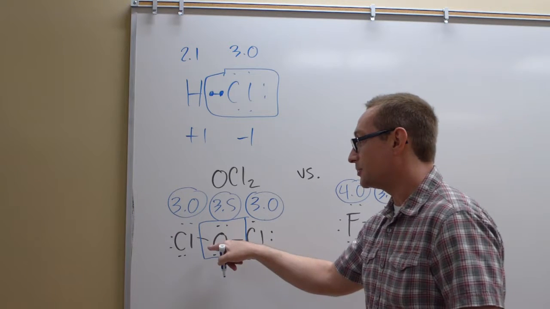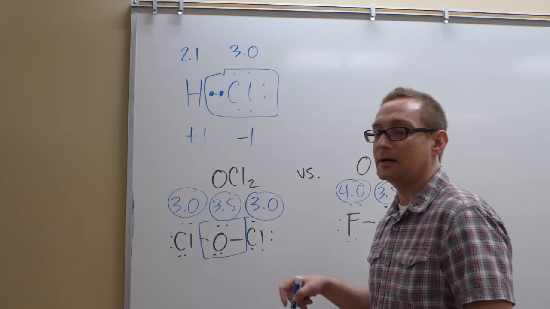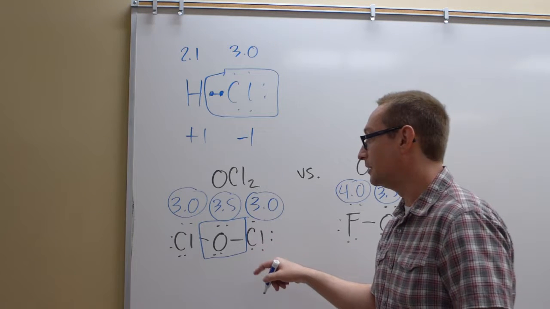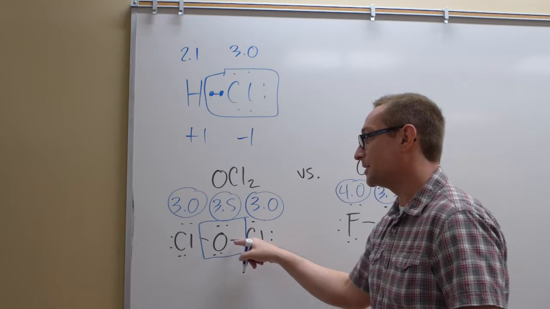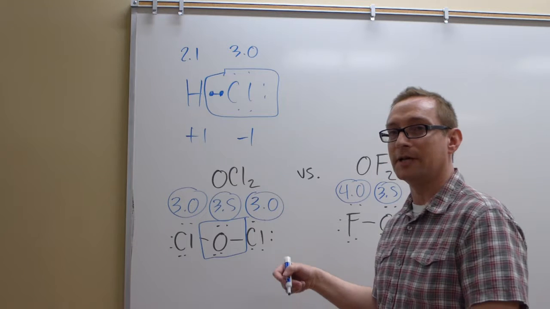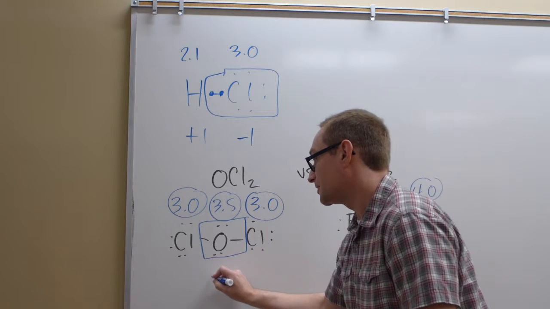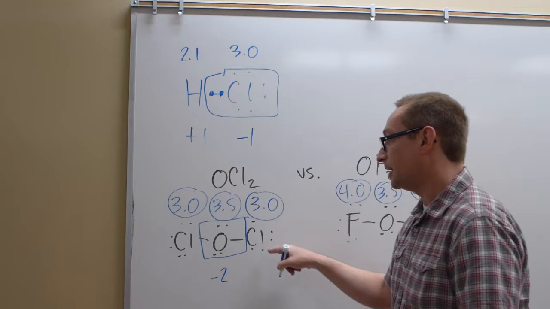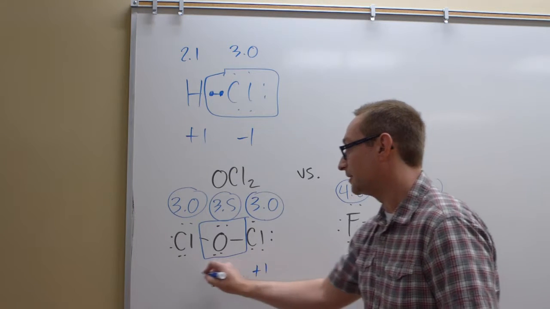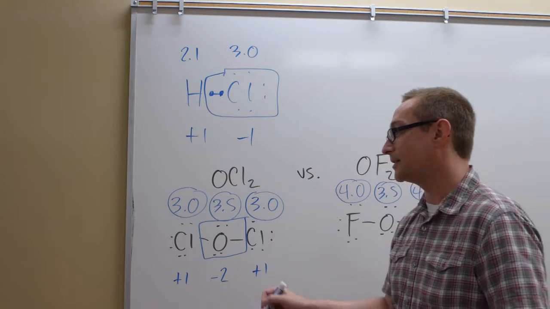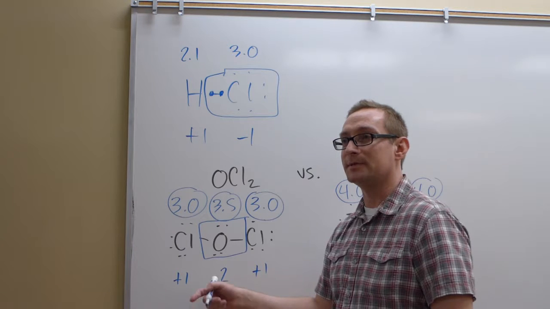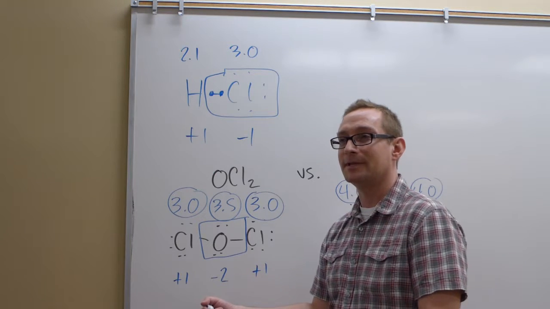So what do you think the oxidation number is for the oxygen here? It's going to be -2 because it's got 8 electrons around it when it normally only has 6. Okay, so this is -2, and the chlorine, as a result, will have +1s around that because chlorine normally has 7 electrons, but now it only has 6 assigned to it.